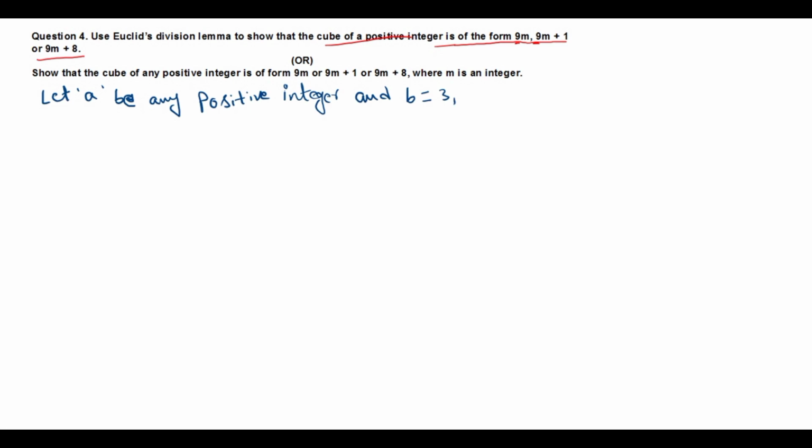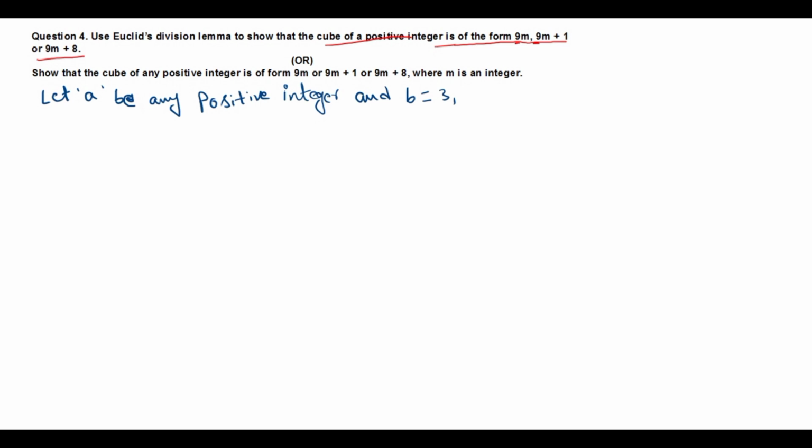Because if I take 9 as the divisor, the remainders are 0 to 8. That means you check 9m, 9m plus 1, 9m plus 2, 9m plus 3, 9m plus 4, 9m plus 5, 9m plus 6, 9m plus 7, 9m plus 8, and for all of these you need to find the cube again. So it's a very large problem. Instead, we take 3. Why?